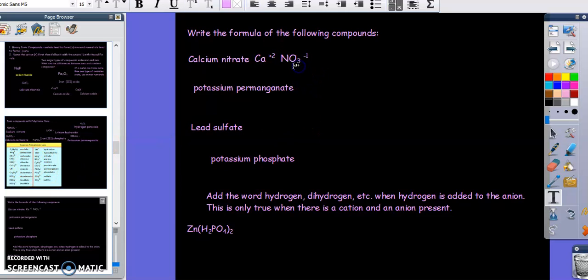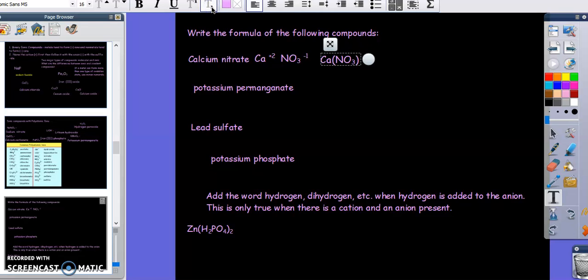And when we're making our compounds, we have to crisscross our charges, because remember, those charges are telling me how many electrons are being given and how many electrons are being shared at any given time for this compound. So we have Ca, parenthesis, NO, subscript 3, parenthesis.